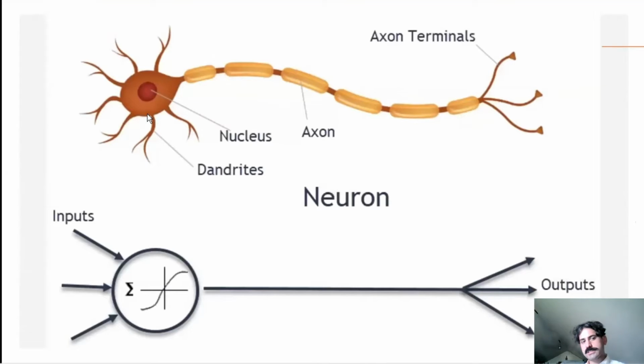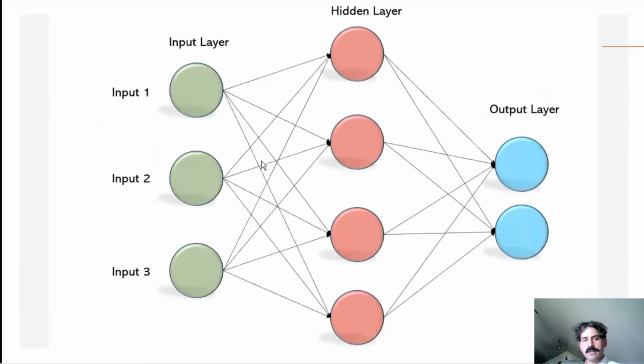So this image, the top is a neuron, and this is, well, I guess it's a neuron as well, but it's the machine learning version of a neuron. It's like a perceptron. It takes in a set of inputs, and then it performs a function on them, which in turn gives you outputs. These are often grouped together in a net using multiple layers.